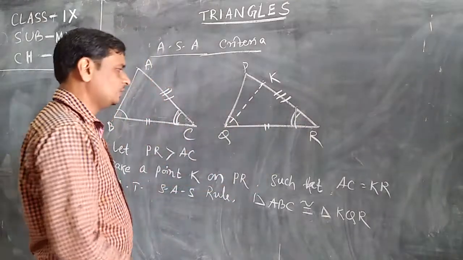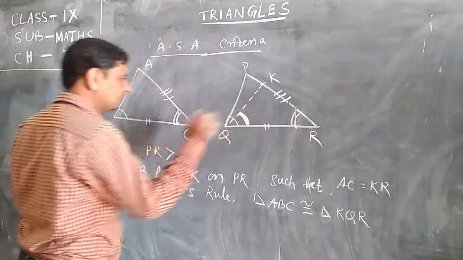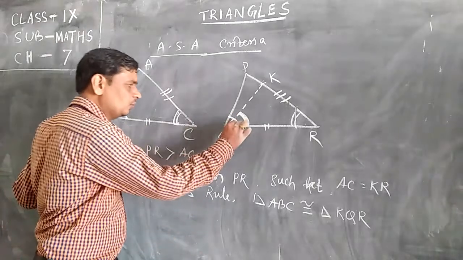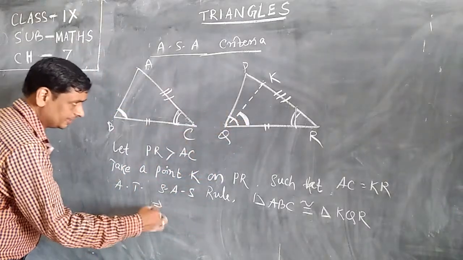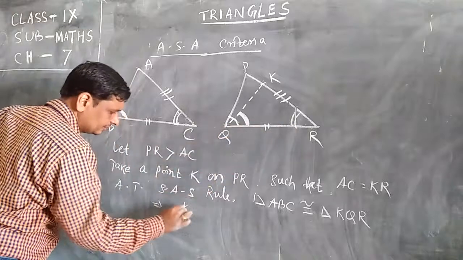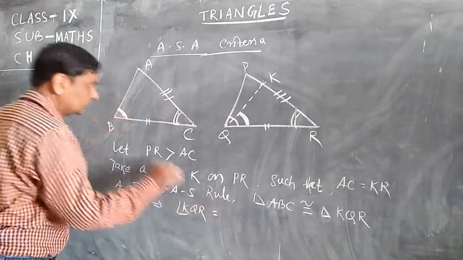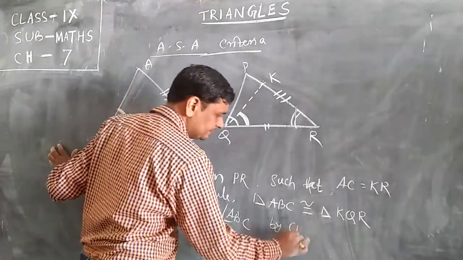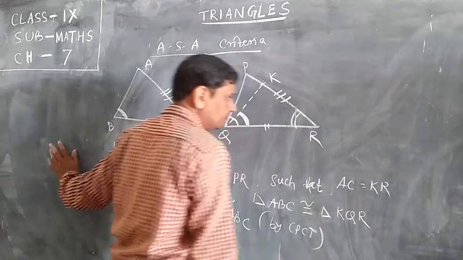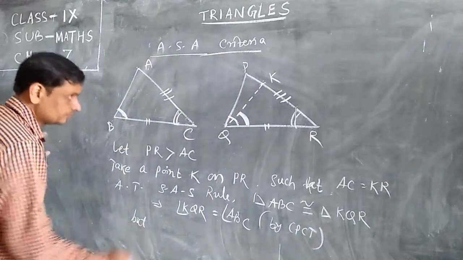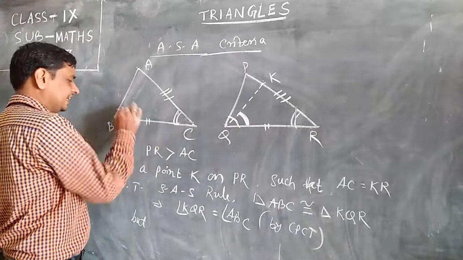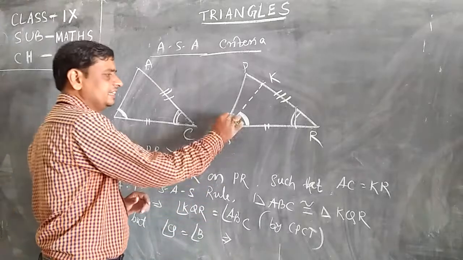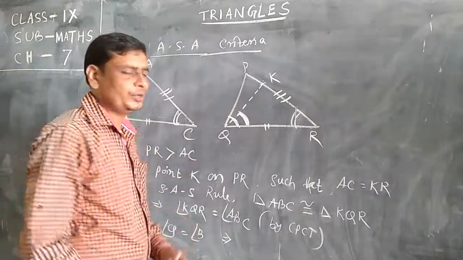If these two triangles are congruent, then this angle equals this angle, but it is given that angle Q equals angle B. This implies angle KQR equals angle ABC by CPCT, but angle Q equals angle B. This implies angle PQR and angle KQR coincide with each other.